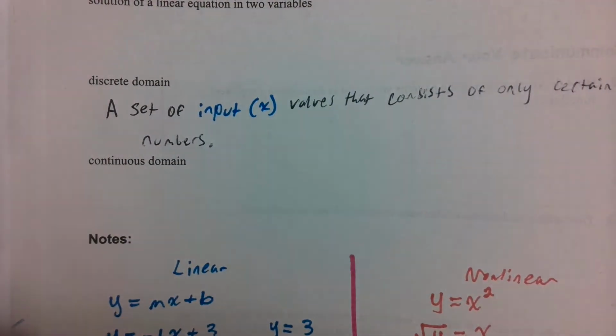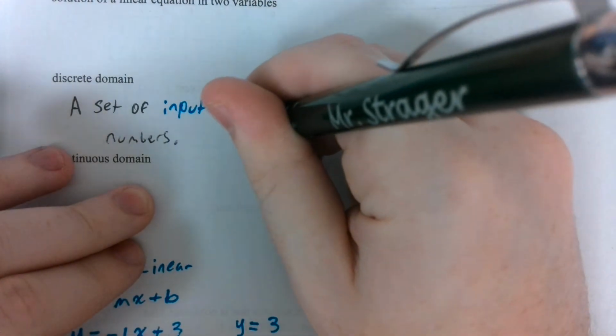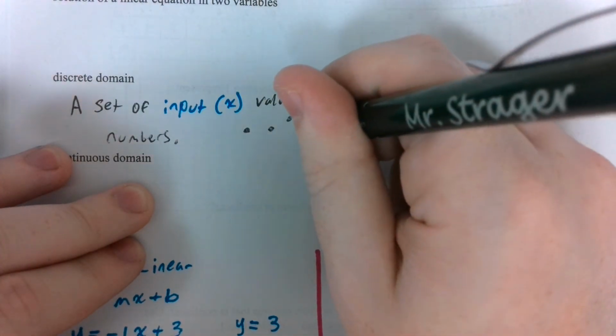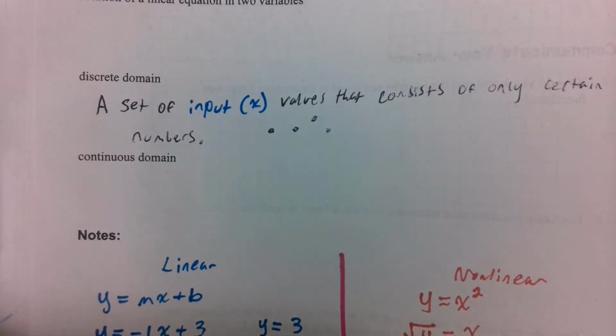You can think of this as being a bunch of dots. So anytime you have dots, dots, dots, dots, and they make a graph, that is a discrete domain.